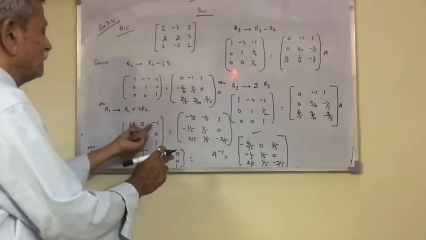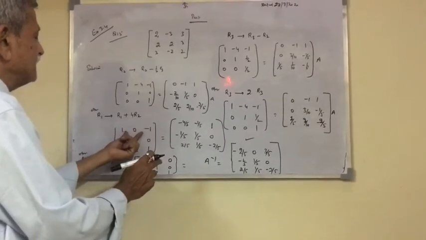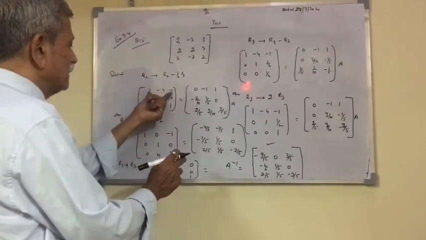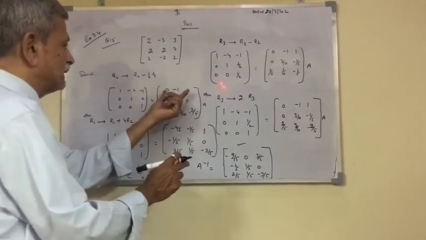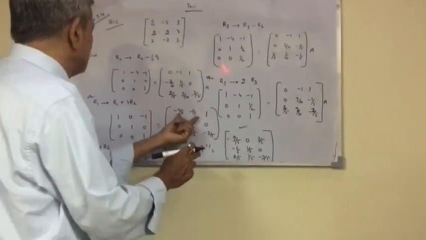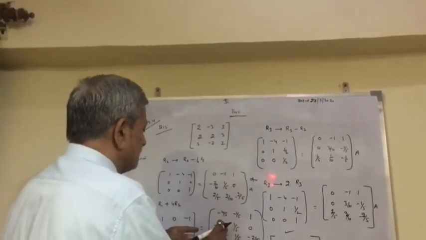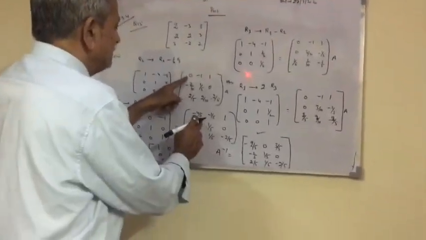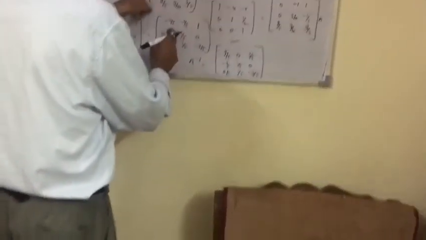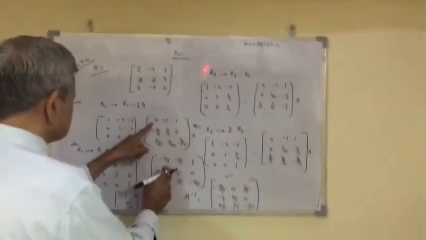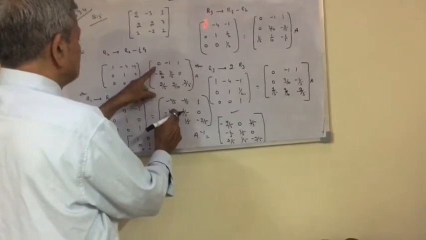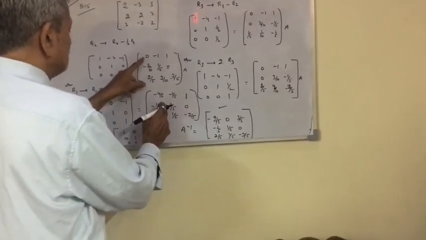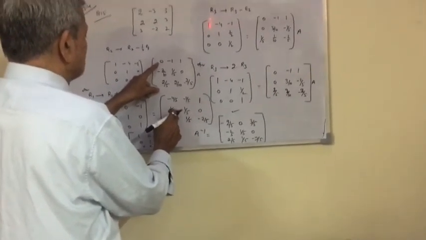So this operation of R1 will be the same, you apply it at this stage. Similarly you apply here the same, R1 plus 4 of R2. So you would find 0. R1 is 0, so your 4 times, if you multiply this, you would get minus 1 by 5.